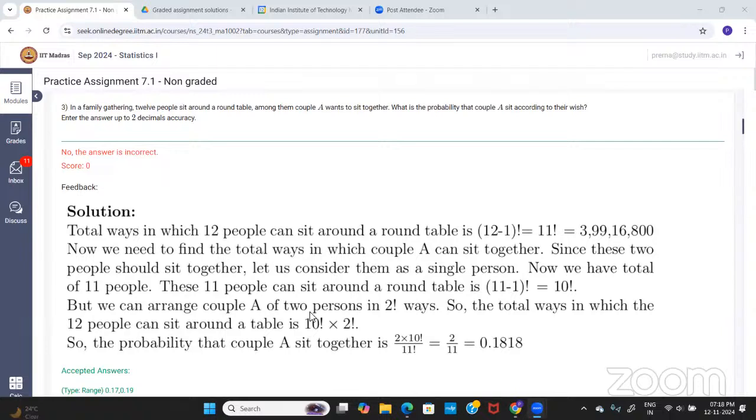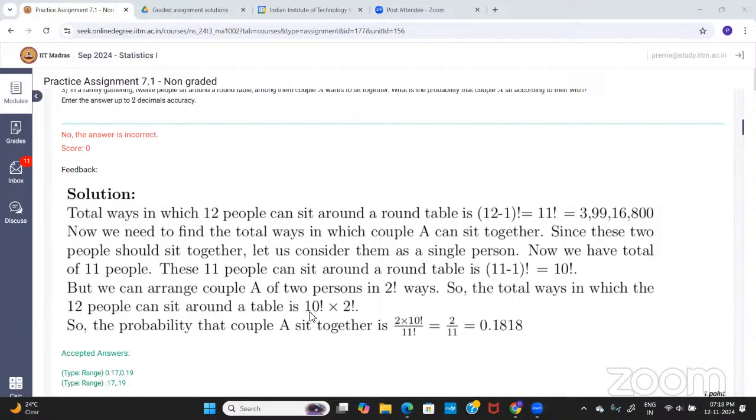Ma'am, we did 2 factorial because their left and right matters, left and right is defined, so we can say clockwise or anti-clockwise. For objects which don't have a left or right, like maybe a ball, clockwise anti-clockwise won't matter there, then we don't do internal arrangement.